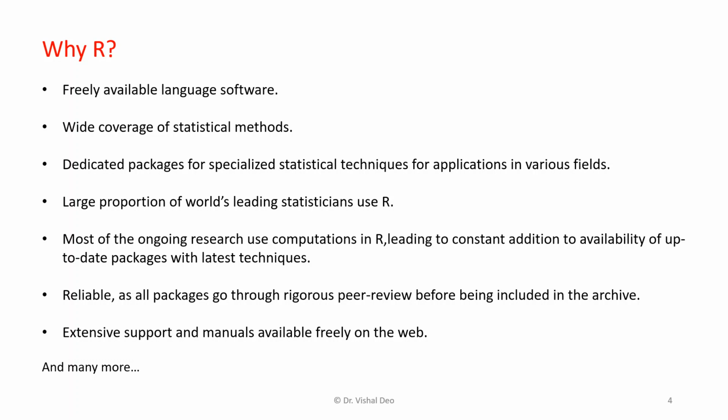Secondly, it has a very wide coverage of statistical methods. Almost everything we can think about in statistical techniques, modeling or testing is available in R through various specialized packages.